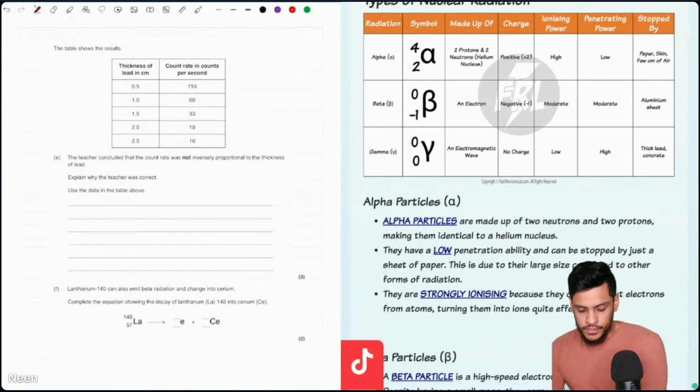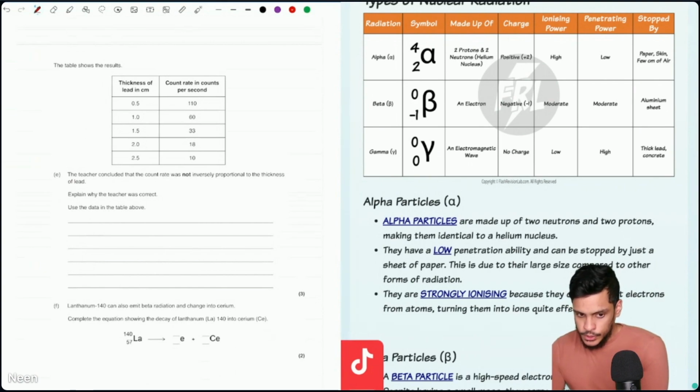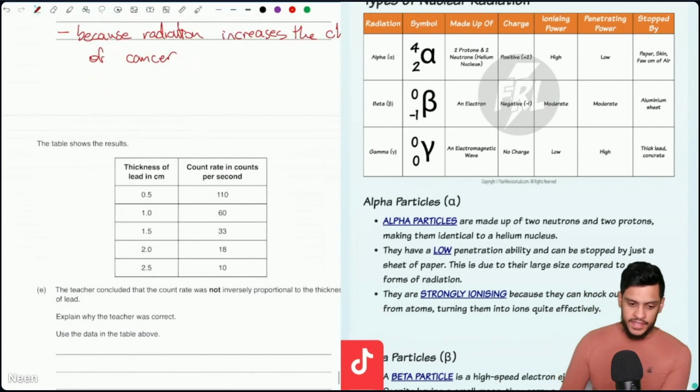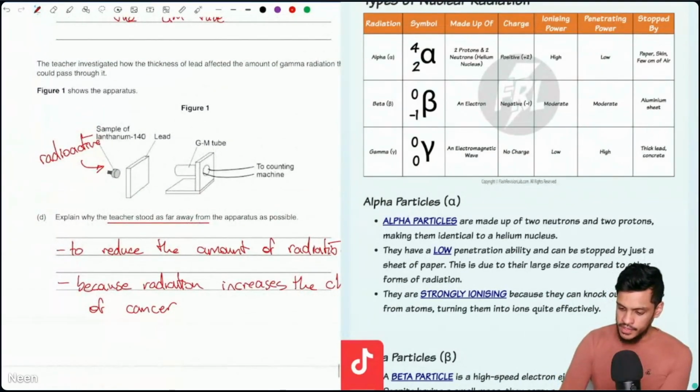Next up, the teacher concluded that the count rate was not inversely proportional to the thickness. Let's look at this table. We've got the thickness of lead. Remember the experiment: we've got this radioactive source, and the GM tube taking readings of the radiation it receives.